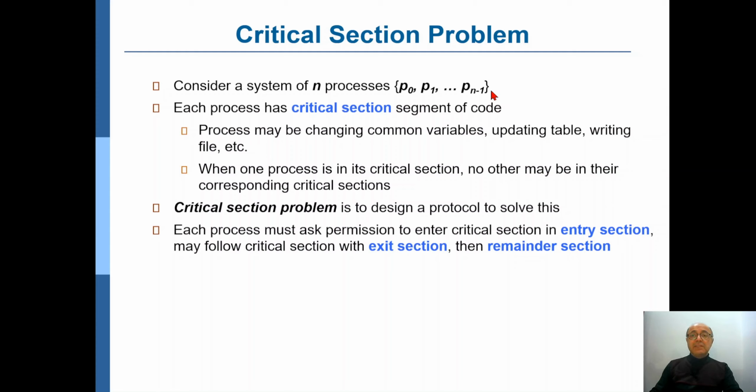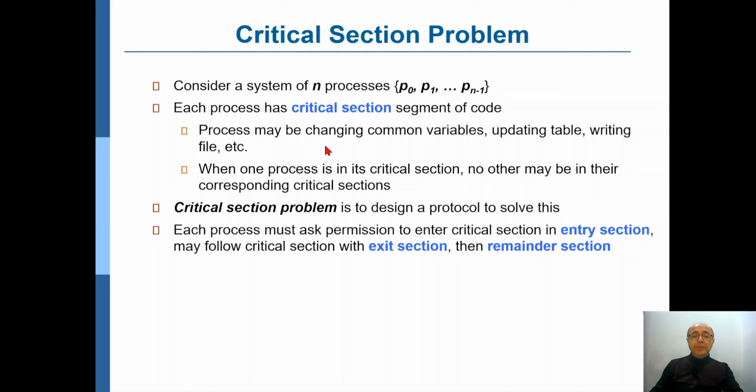These are processes that are related with each other. What do we mean by related? They are sharing some variables, like the variable counter in the previous case. So there is some dependency between these n processes.